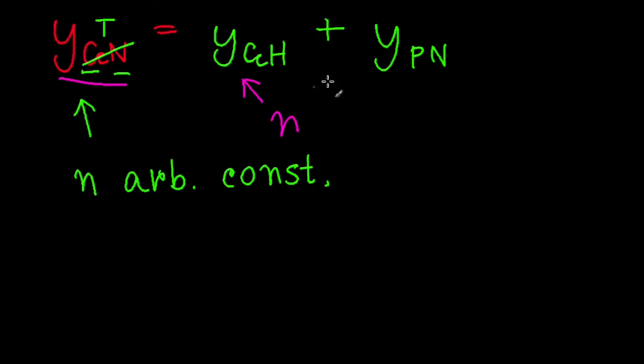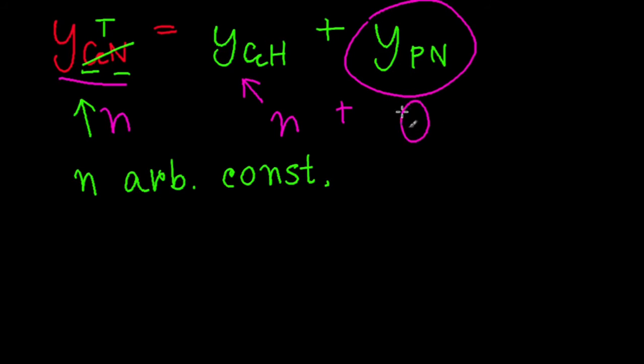And this left side, which is the sum of this and something else, must have n arbitrary constants. We already have all the n arbitrary constants that we need here. So this one should provide 0 arbitrary constants.